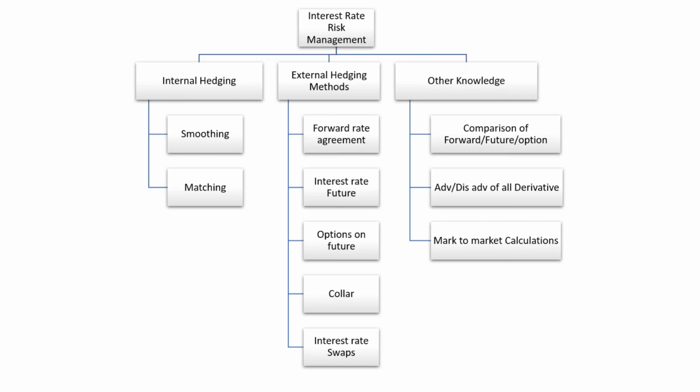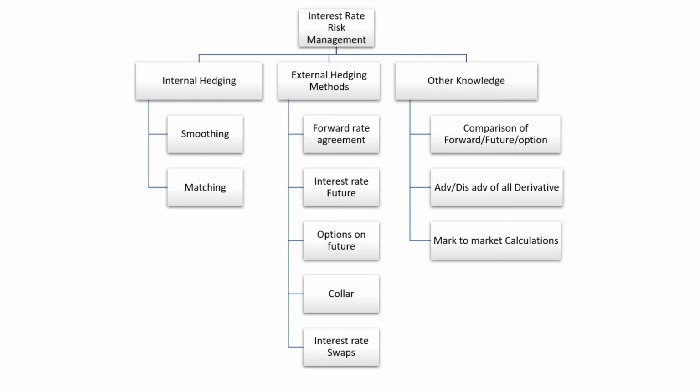What is matching? Matching is matching the interest rate liabilities with the interest rate assets, and that can only be done in banks. In banks, you have interest-based receivables and interest-based liabilities. If you book all your receivables at floating and all your payables at floating, if the interest rate increases, you will face risk on the liability, but you will get the benefit from the assets. So this is matching.